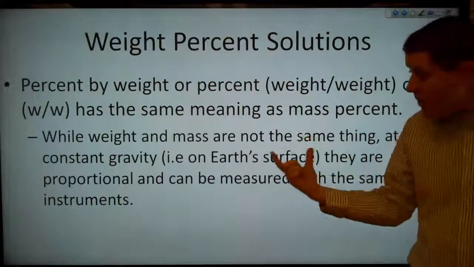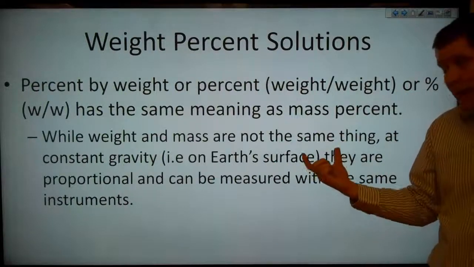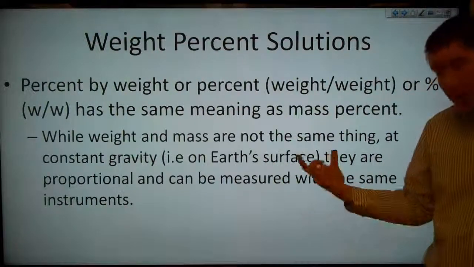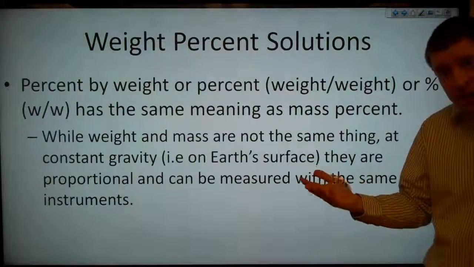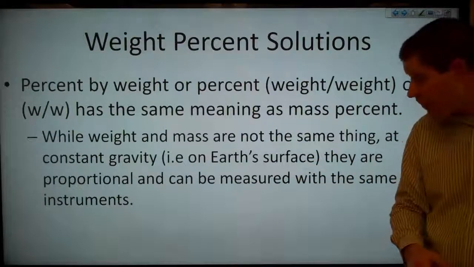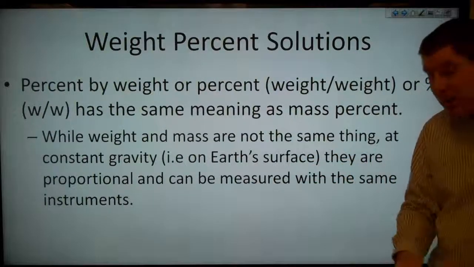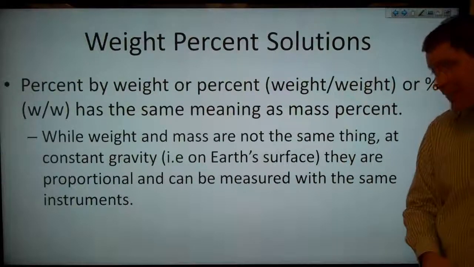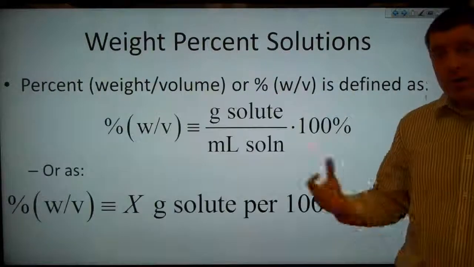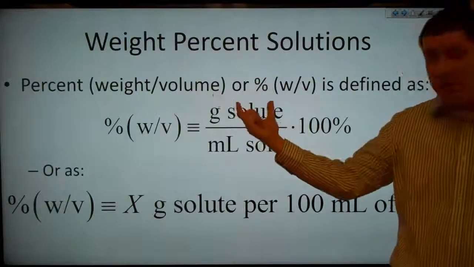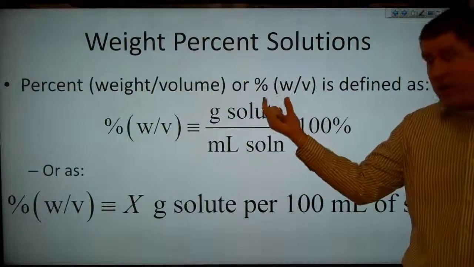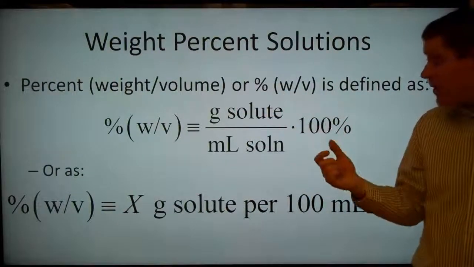Because while weight and mass are not the same thing, in constant gravity, in other words, on Earth's surface at a constant height, so within some room, they are proportional, and thus they can be measured with the same instruments. Another term that you may see is percent weight by volume, which is sometimes abbreviated percent W/V.